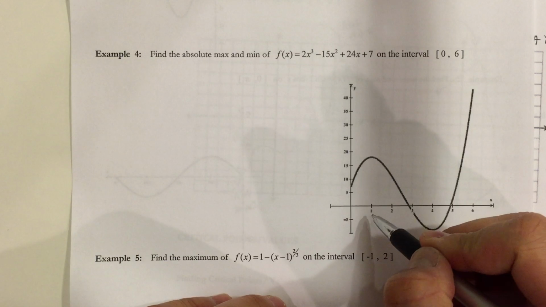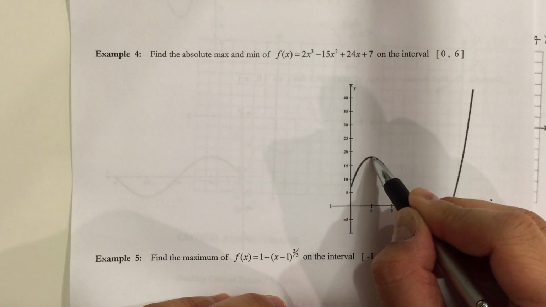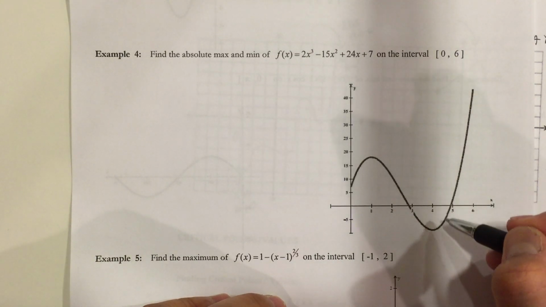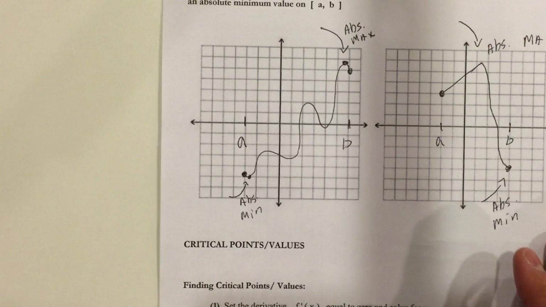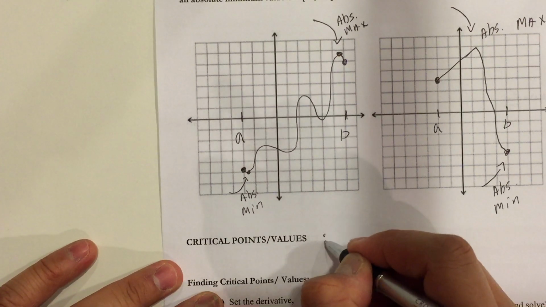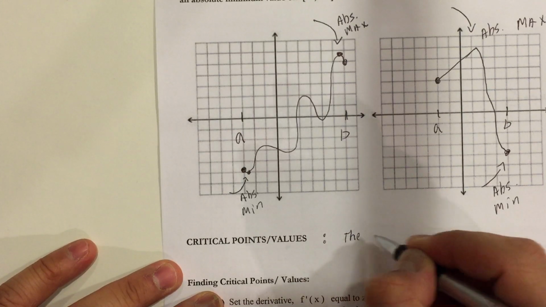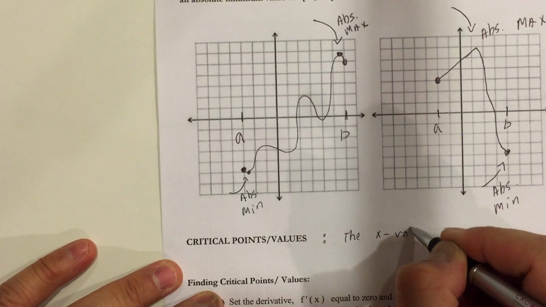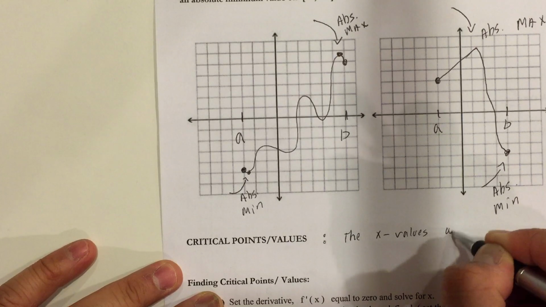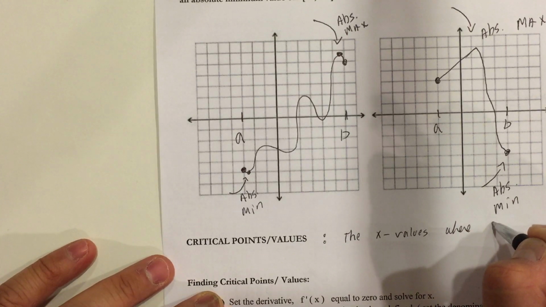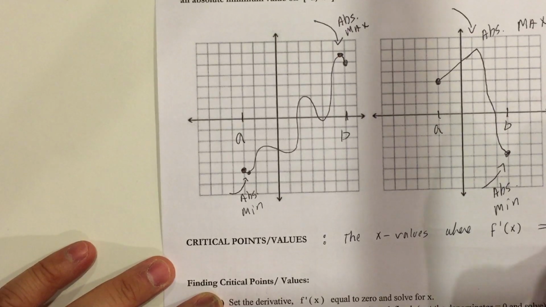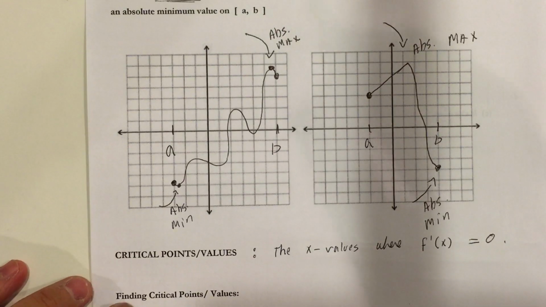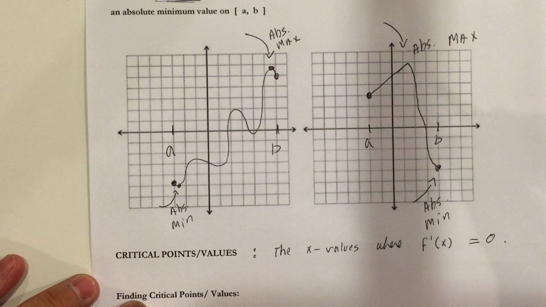The point x equals 1 would be a critical point. The point x equals 4 would be a critical point. Okay? So, critical point values are the x values where the derivative at that point equals 0. That's the definition of critical points.